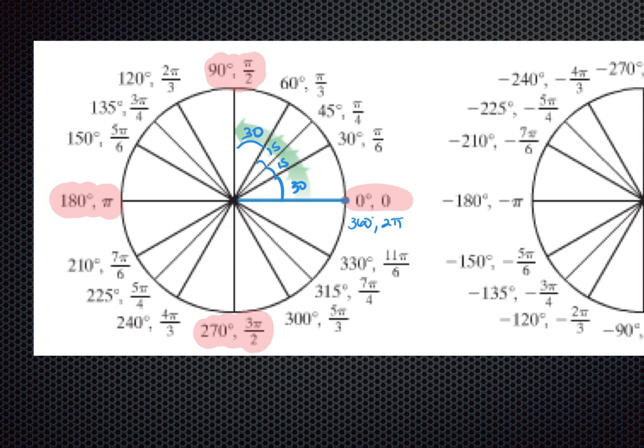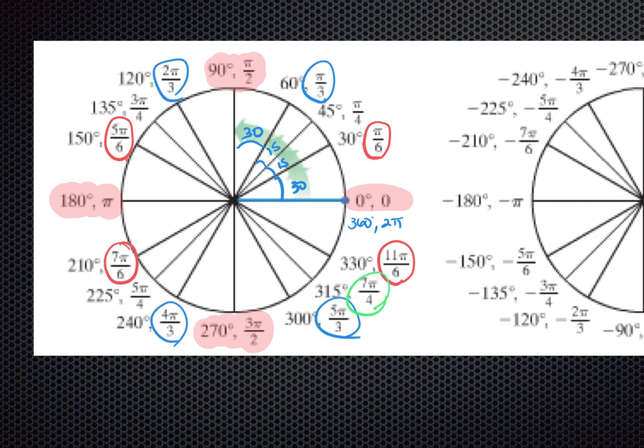Then comes the radian angles. The ones closest to your x-axis are your over 6s. Closest to the y-axis are your over 3s. In between are your over 4s. In the first quadrant, we leave pi alone in the top.